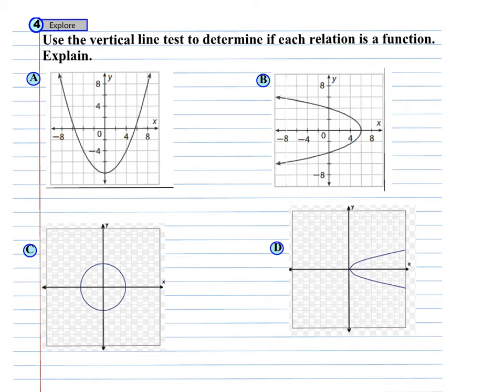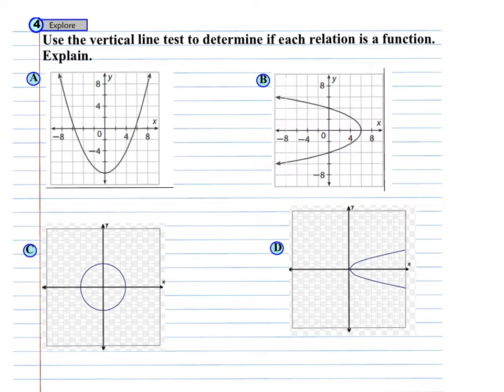For this problem, they're asking us to use the vertical line test to determine if each relation is a function, and you have to explain. Again, to be a function, that means that for every one of these x's right here, there's only one value from this line.